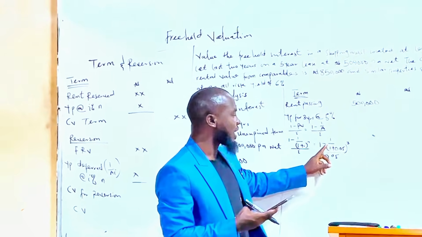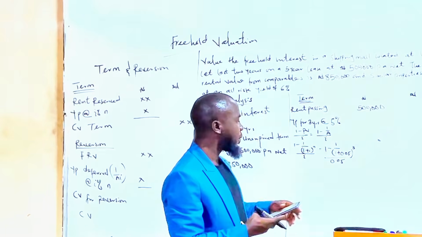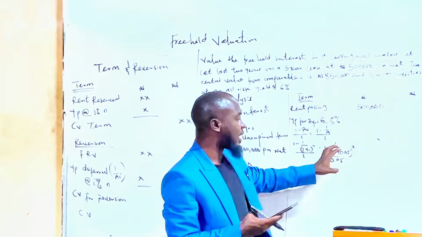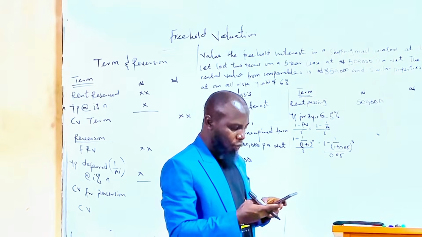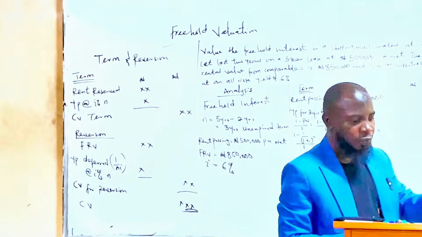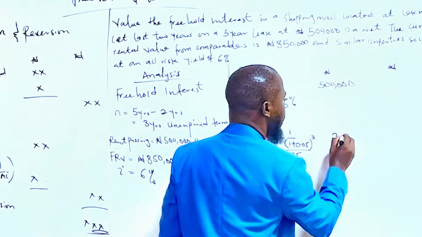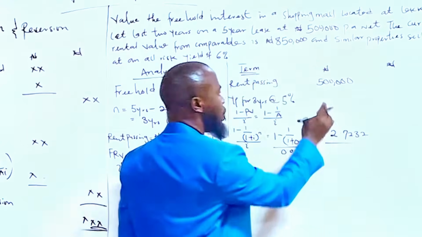Then we subtract the answer from 1, we have 0.1362. This answer, divided by 0.05, we have 2.7232. Use this value to multiply the rent.